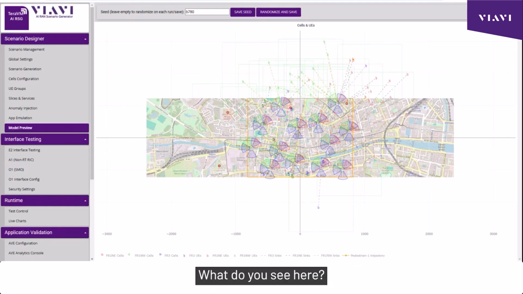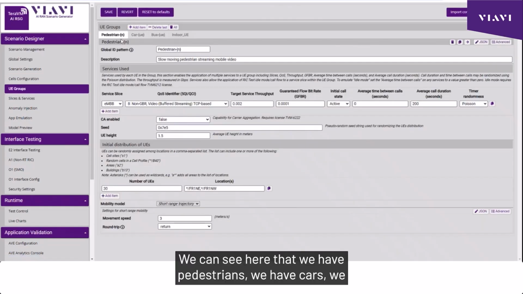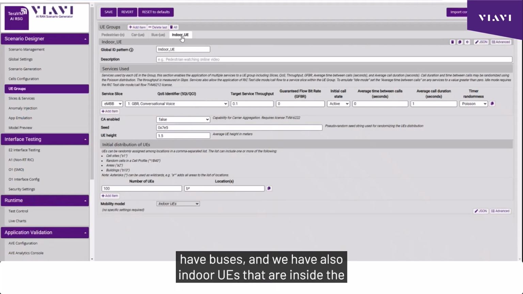What we see here, first of all, is that we assigned several services and several UE groups. We can see here that we have pedestrians, we have cars, we have buses, and we also have indoor UEs that are inside the building. As I mentioned previously, the simulation is all done on the real GIS map of Dublin city center.